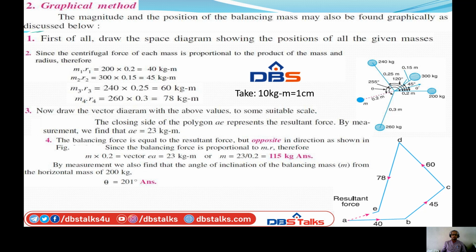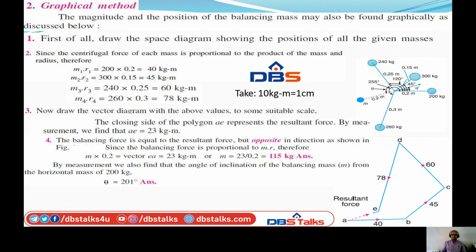So after reaching E, we have AB, that is 1, BC 2, CD 3, DE 4. The 4 masses are completed. Then what is the final step? From E to A, we have to continue, and the closing side AE of the polygon will represent the resultant.